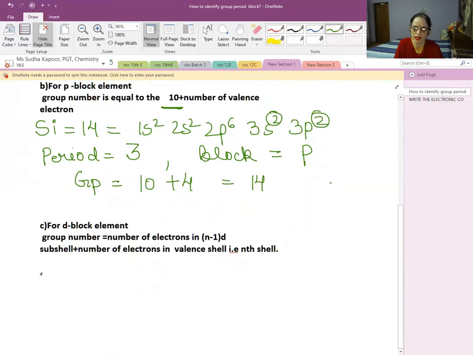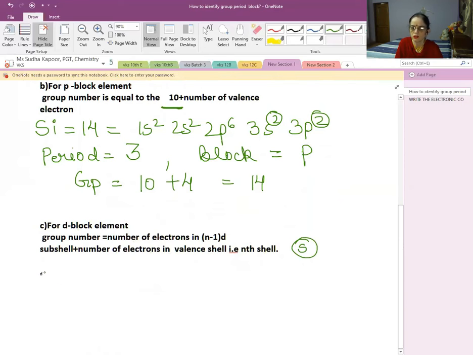The block is directly identified by the last electron's orbital. And in the case of the d block element, the group number is identified by the number of electrons in the (n-1)d subshell and the number of electrons in the valence shell, that is the ns, the nth shell. For the d block, it is the s1 or s2 which is taken.